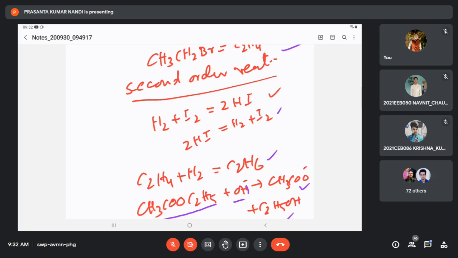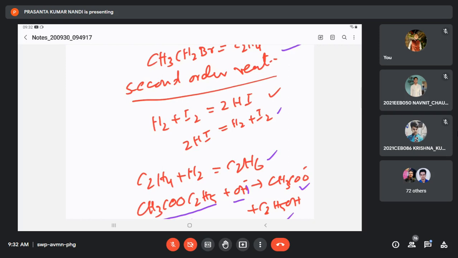Likewise, decomposition of HI to H2 and I2 both follows second order kinetics, whether it is formation of HI or decomposition of HI. Likewise, formation of ethane from ethylene and hydrogen follows a second order kinetics.